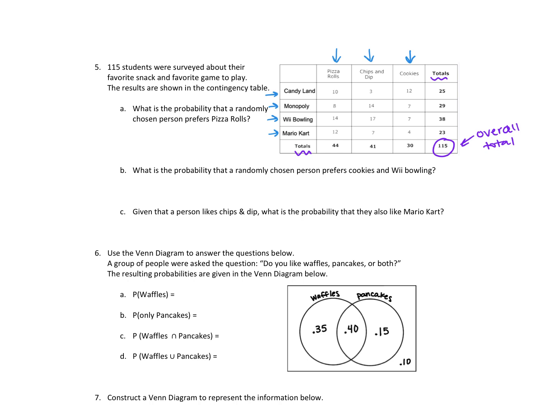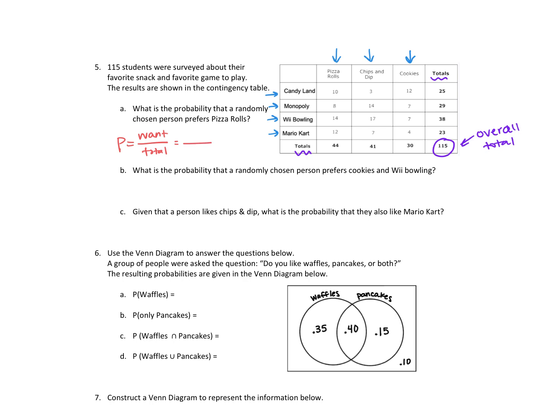So we can use this contingency table to pick out some numbers, how many people responded in a certain way, or we can use it to answer probability questions, like what's the probability that a randomly chosen person prefers pizza rolls? Okay, setting up our fraction again, what we want is them to choose pizza rolls, and our total is how many people were surveyed.